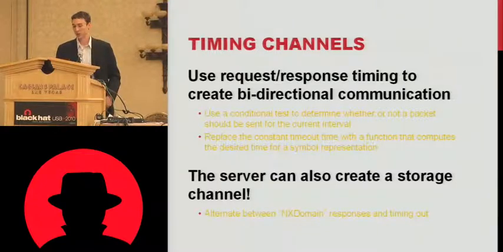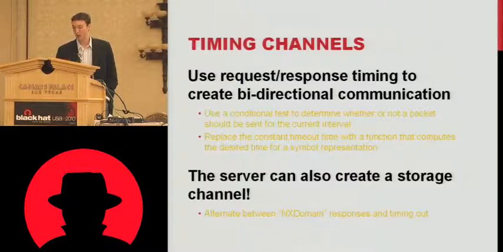And you can use that for communication. And once again, for the reply back from the server, you can just calculate how long that reply took and then use that to determine what symbol was sent back from the server. This isn't going to give you a lot of bandwidth, but it's easily going to give you enough for things like reliability and sequencing.